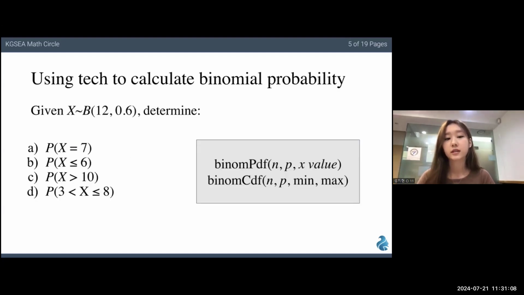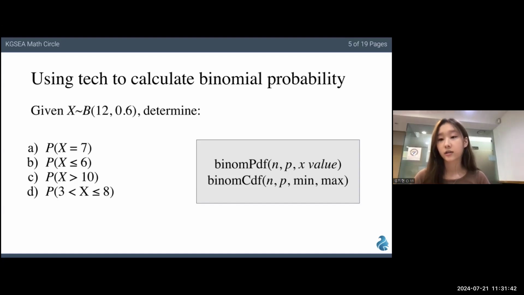So in terms of using technology to calculate binomial probability, let's use this question. Given the random variable x with binomial distribution with n 12 number of trials and a probability of 0.6, determine the following. On your calculator, you might have a function saying statistics or probability. And from there, use the function binom PDF with n the same, p the same probability with the x value that's given, or binom CDF with n, p, minimum and maximum.